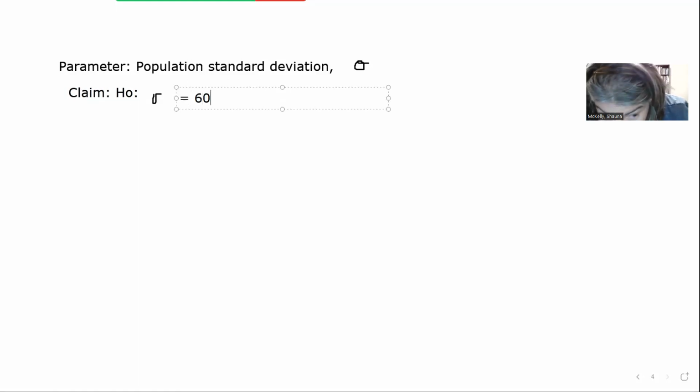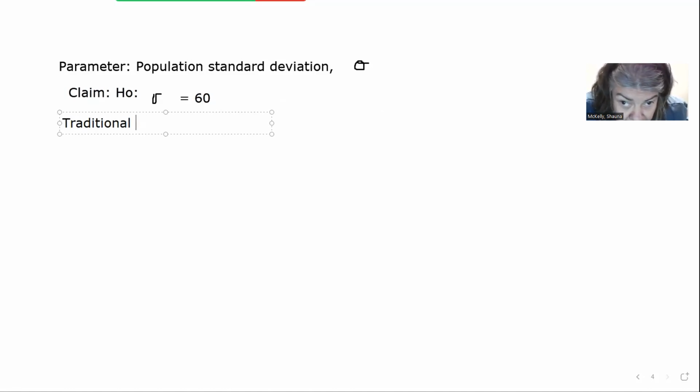Now, the next thing we need to do, it didn't say use the p-value approach. When it's not specified, we use what we call the traditional approach. So we're going to write traditional approach. And you're going to put the given information. Now, this is the first place that people get tripped up.